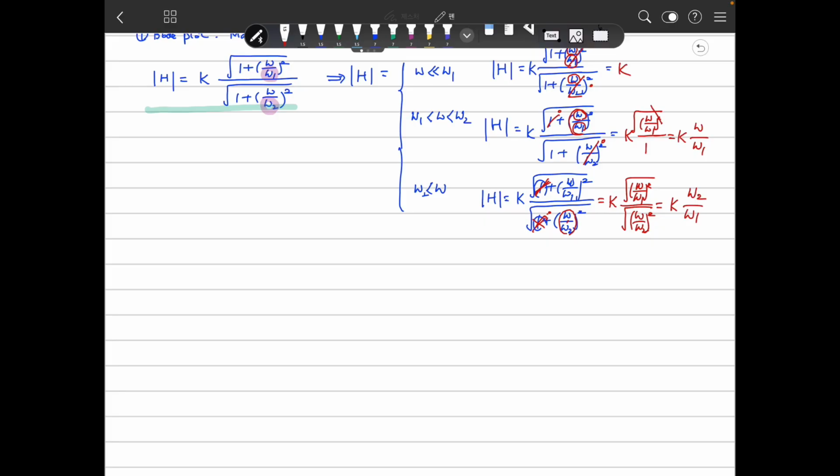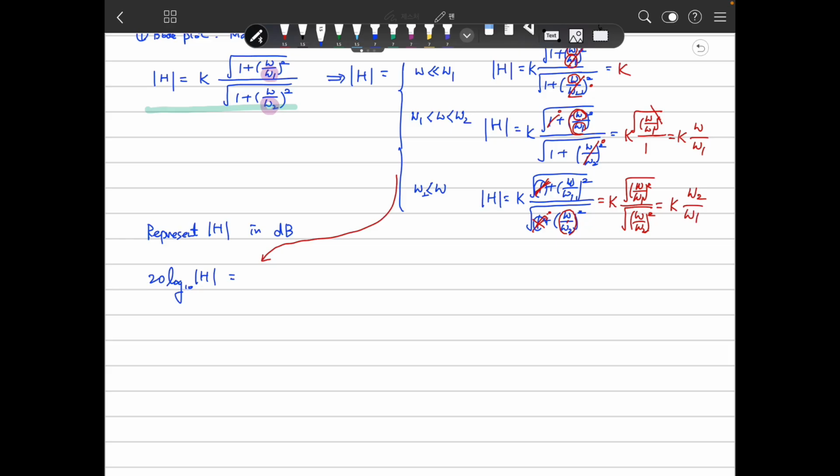So here we want to represent the magnitude of H in dB, because the Bode plot uses dB. So dB is 20 log 10 of H. So we insert H in those approximations here.